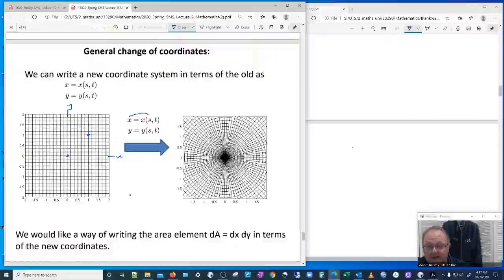We're going to be using a chain rule to get this transformation to this point here, 1, 1. So we would like a way of writing dA equals dx dy in terms of new coordinates. That's an understatement.